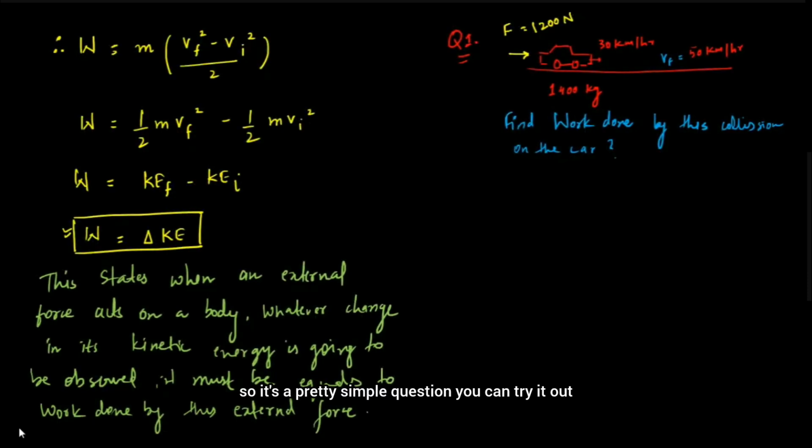So it's a pretty simple question. You can try it out, but again, what you need to understand here is you need to change the things in SI units. So make sure that you change them first.